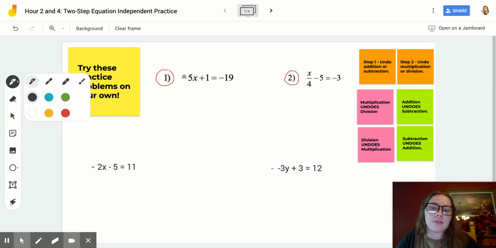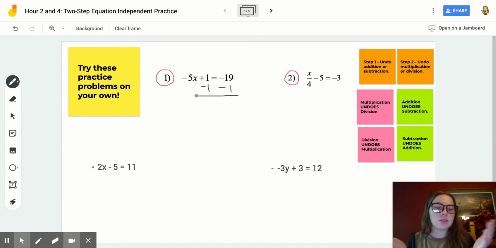So we're going to hold off on undoing this multiplication, and we're going to start with undoing this addition first. In order to undo addition, we want to subtract. So we're going to subtract 1 from both sides, and remember, whatever we do to one side, we have to do to the other because the equal sign is like a balance.